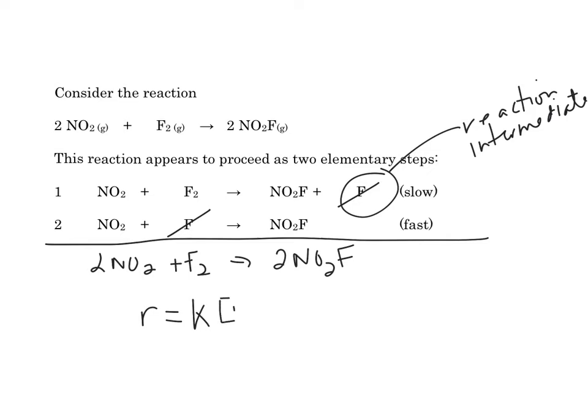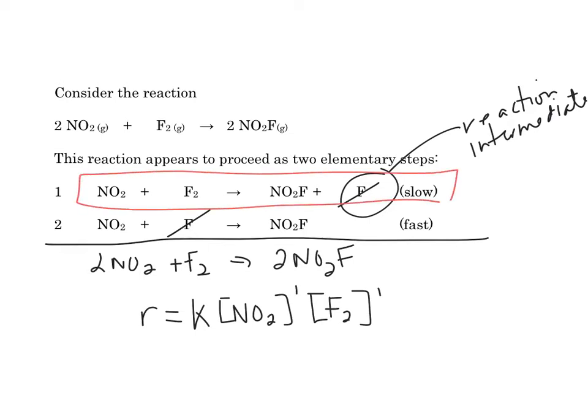So the rate law expression for this reaction will be NO2 to the first order times F2 to the first order, because in the slow step we have a coefficient of 1 in front of NO2 and a coefficient of 1 in front of F2. So those become the reactants in your rate law expression, and their coefficients become your exponents.